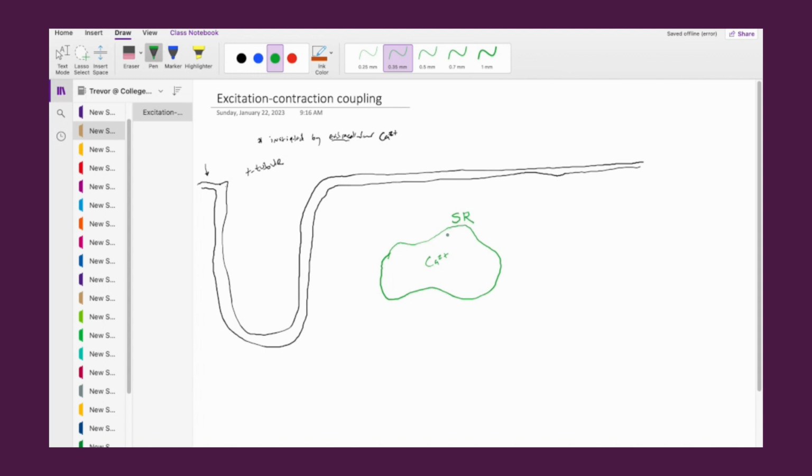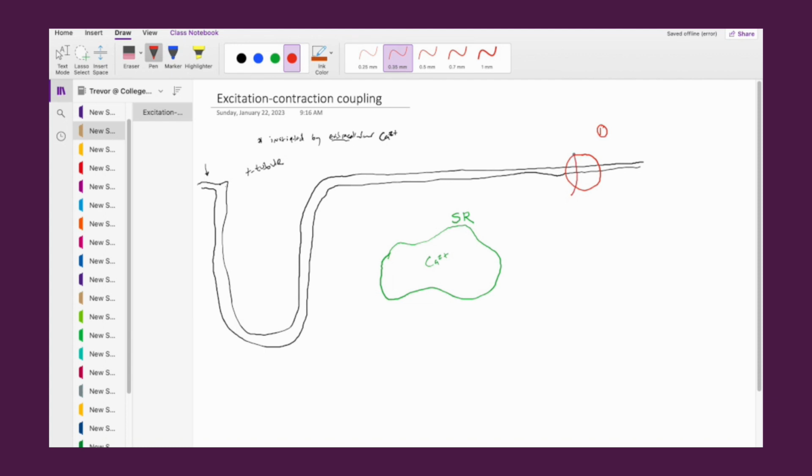Okay. All right, and then there are some channels that are going to help us with our concentration gradient of calcium. So the first of those I'll draw in the membrane here on the sarcolemma. Call this channel 1. And this is going to be our sodium-potassium pump.